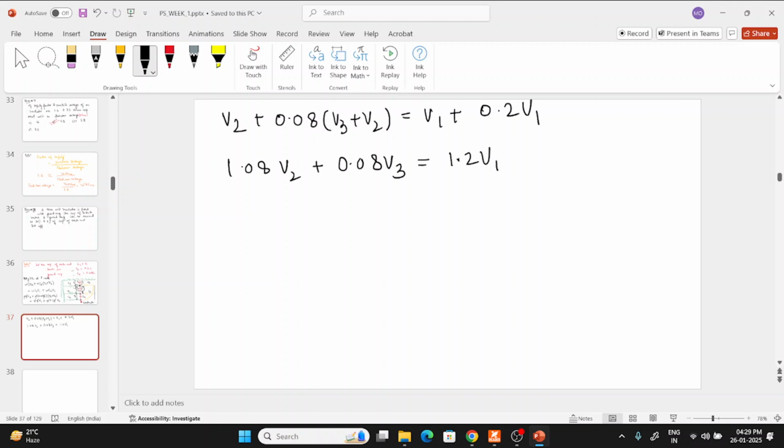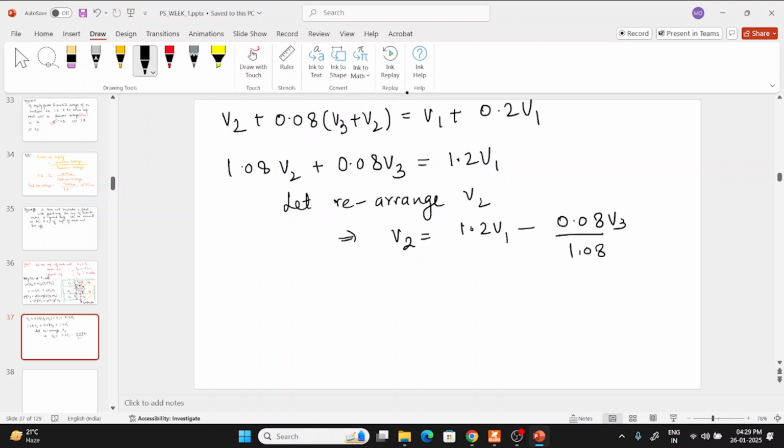Okay. So if we solve it, let's rearrange it for V2. So V2 is equal to how much will it be? 1.2 V1 minus 0.08 V3, which will be divided by 1.08.